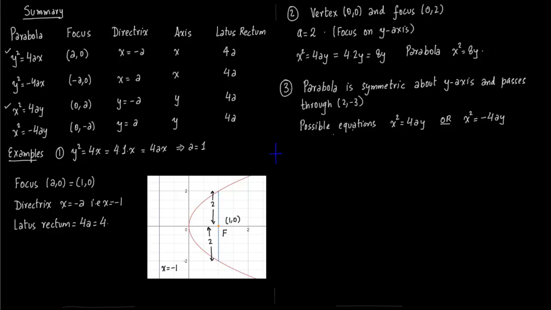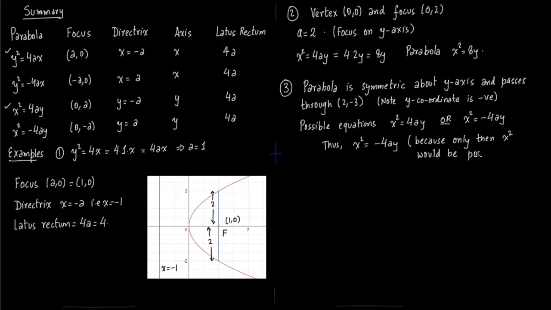But notice that the y coordinate is negative. The y coordinate is -3. So the parabola passes through 2, -3, and the y coordinate is negative. On the other hand, you know that x square is positive. So to make the left hand side positive, we have to have negative y on the right hand side, because only then x square would be positive.